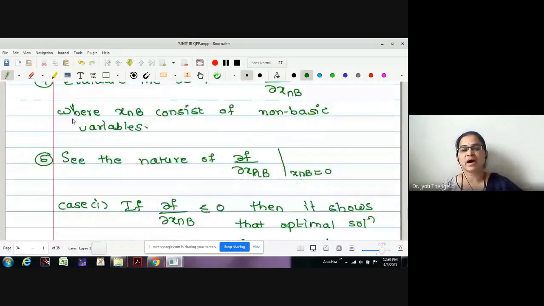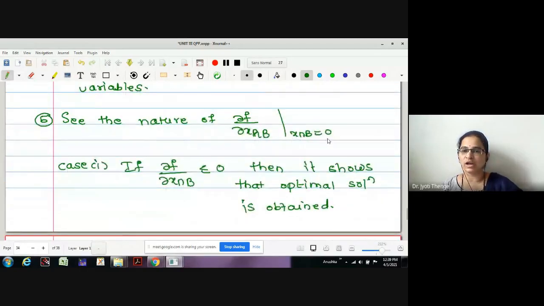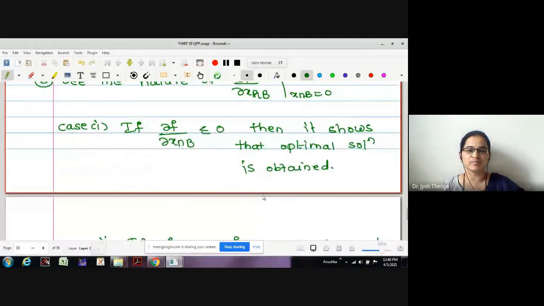Check the partial derivative of the function with respect to the non-basic variables, and find its value at all x_B equal to 0. If all partial derivatives are less than or equal to 0, there is no improvement in f possible if we increase any non-basic variable, therefore the optimal solution is obtained.